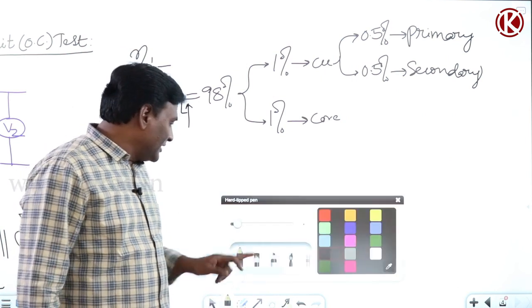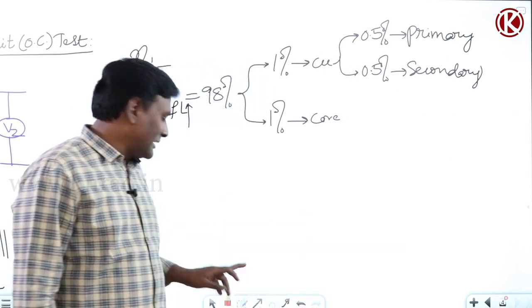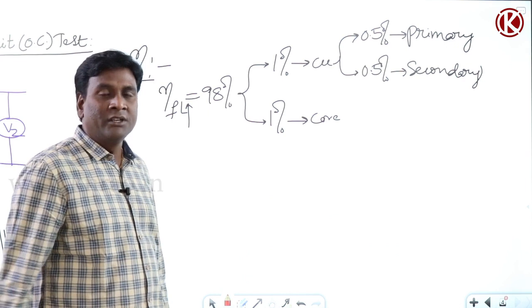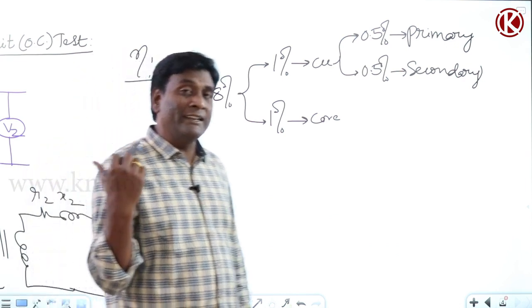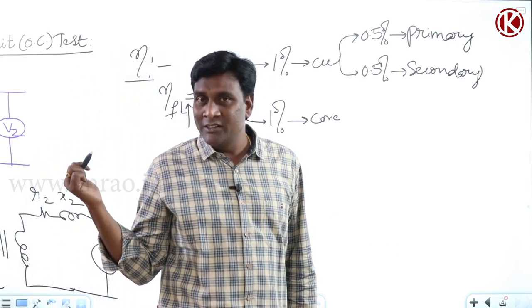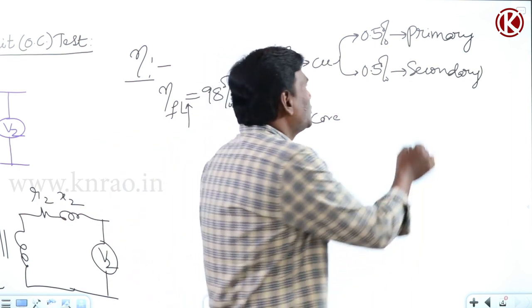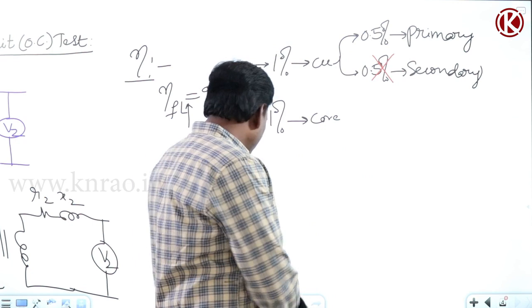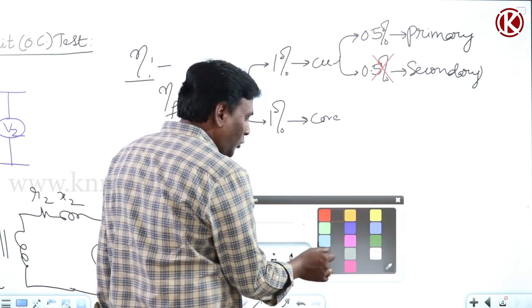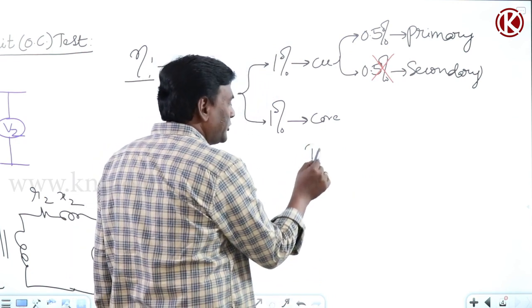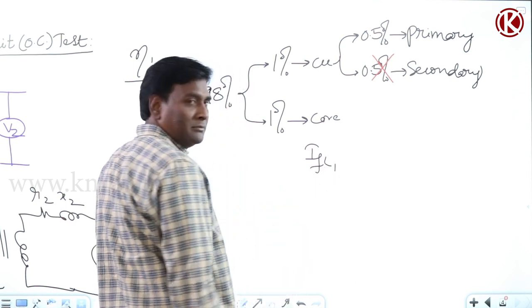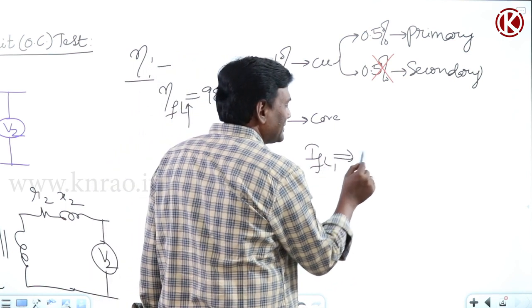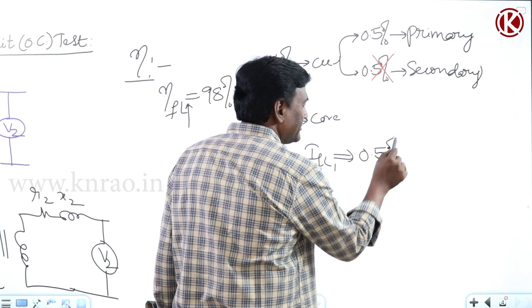Now let us think of the OC test conditions. In the OC test, how much current was flowing in the secondary? Secondary is open circuited, so in the secondary losses will not be there. Now if I inject full load current in the primary, under that condition copper losses are 0.5%.